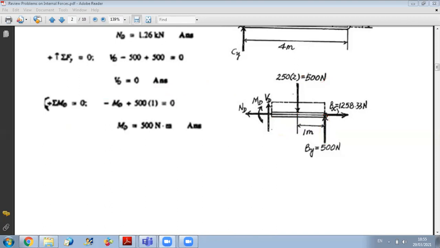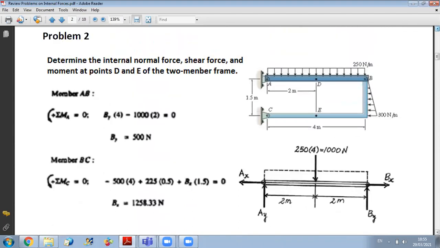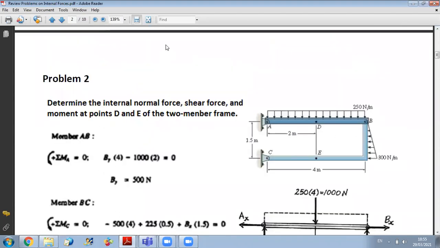Now the second step is to calculate the values at E. Because we know Bx and By, I will work now on this part, and I will say that this part should be in equilibrium.